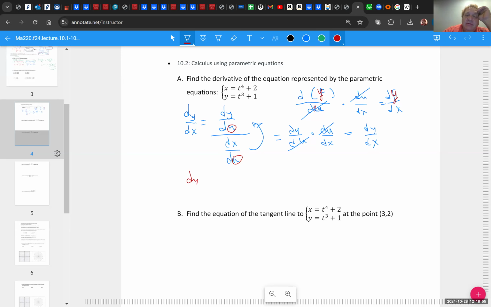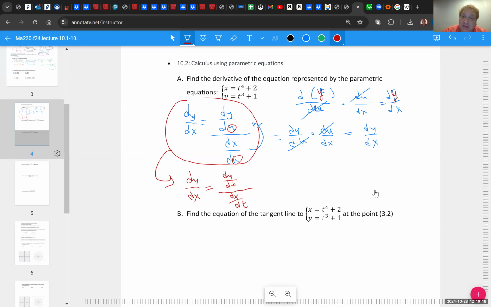So dy/dx is going to equal dy/dt divided by dx/dt. All I've done is taken this equation right up here, and I've just written the u's in terms of t. So it's the same equation. I've just written dy/dx in terms of dy/dt over dx/dt, and you can imagine flipping and multiplying.